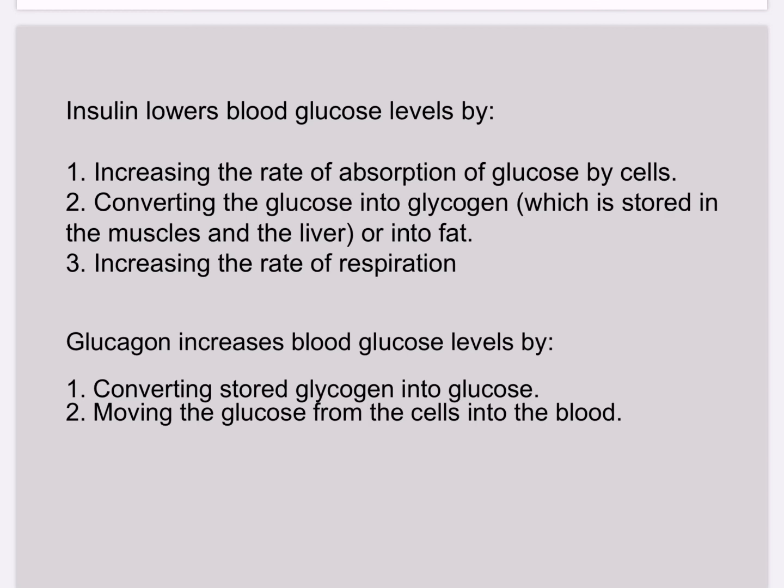If blood glucose levels go down too much, glucagon is the hormone that will be secreted that will convert glycogen back into glucose, moving the glucose from the cells back into the bloodstream. I've done blood glucose levels in a previous video, so just watch that if you get stuck. But this is important because it's in every prelim, every final.